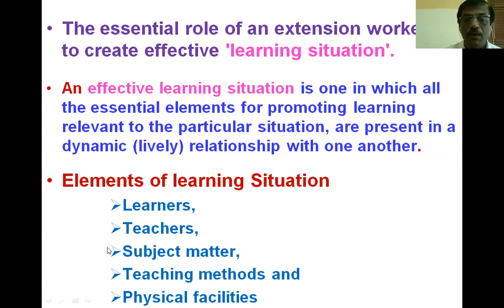These are the elements of learning. The learner is one element, the teacher is one element, subject matter is another element, teaching material is another element, and physical facilities are another element.